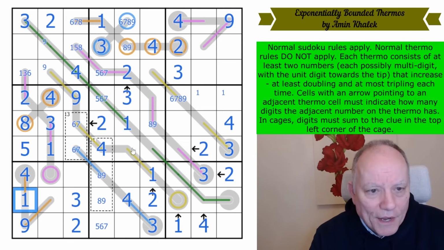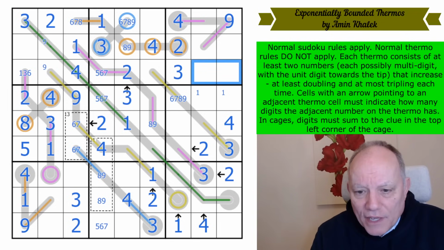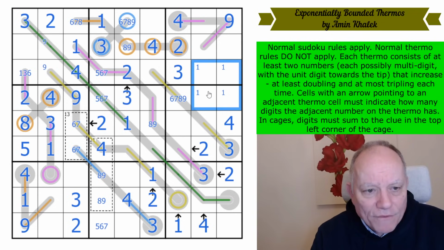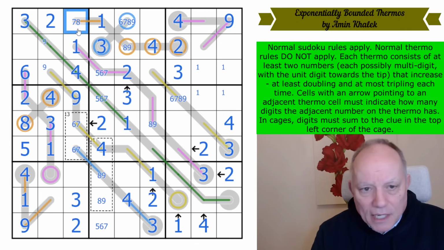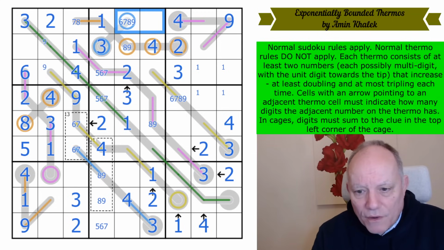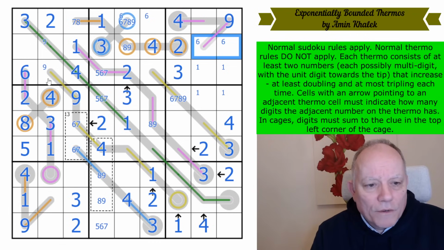That places 1 here. That places 1 here. That places 1 in one of these cells. We've just got 2 1s left in the puzzle. That is now not a 1 or a 3, and according to the pencil marking, that is a 6. Now, that's not a 6. 6 in box 2 is in one of those cells. 6 in box 3 is in one of those. 3, 2, 1, 6, 4.